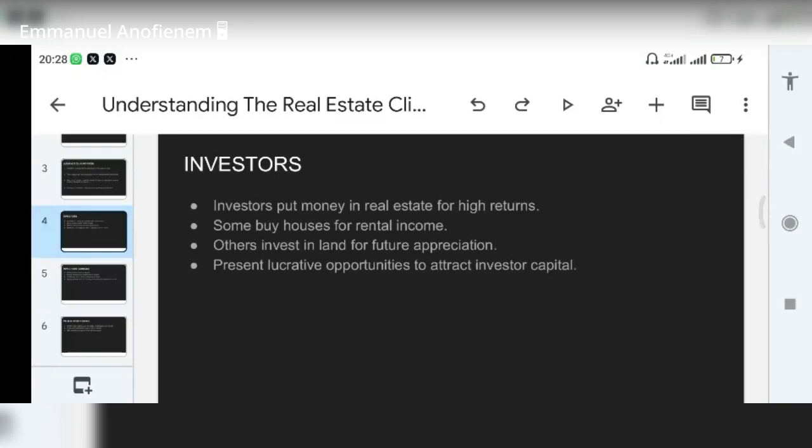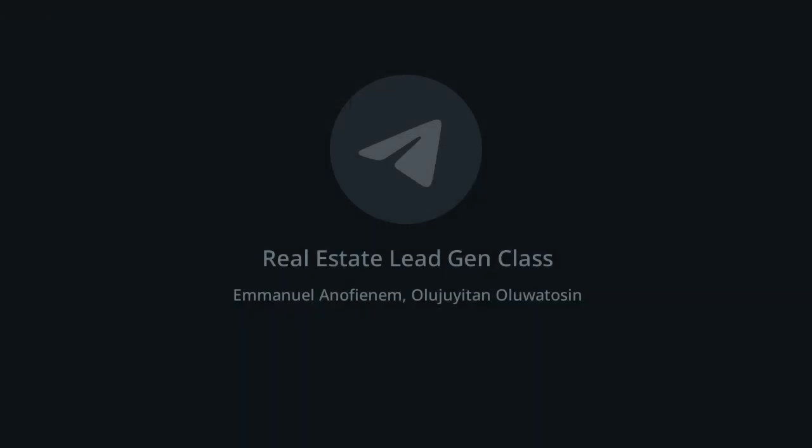So now let's go a little bit deeper into the investor and why the investor will do business with you. So investors put money in real estate for high returns. They basically want to make their money back, right? Maybe they want to buy a property and sell it off later, or someone wants to buy a house for rental income.